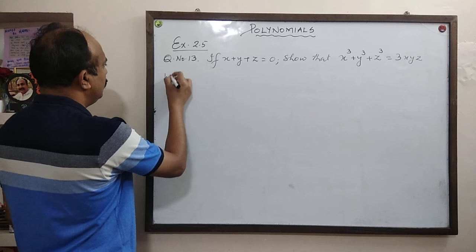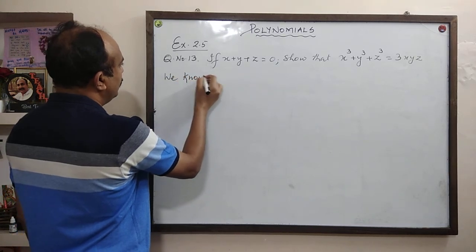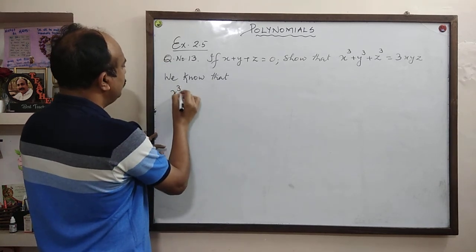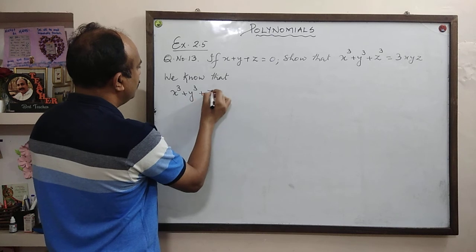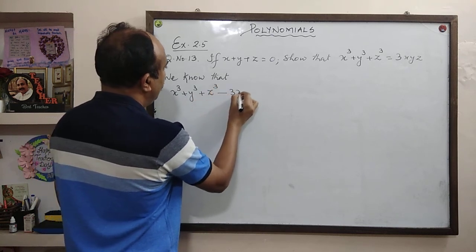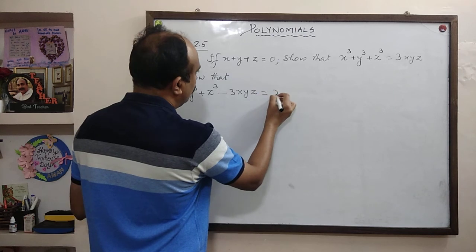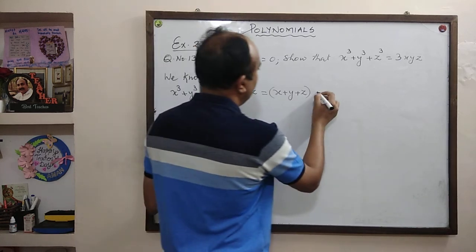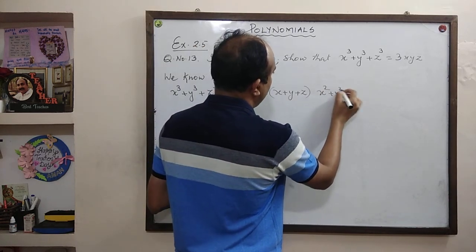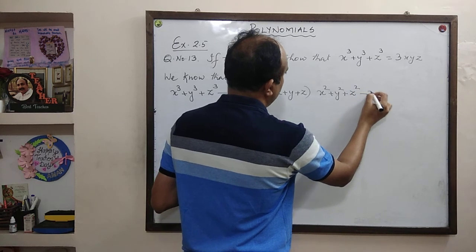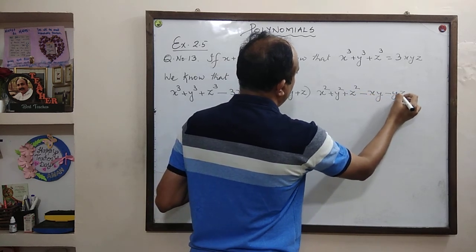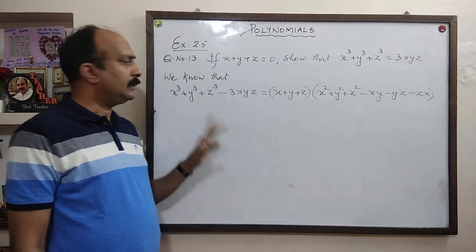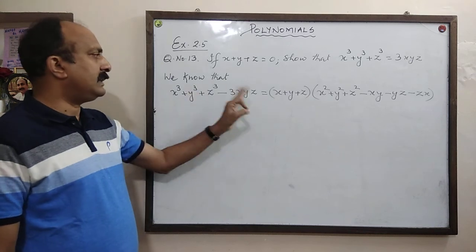So we know that x cube plus y cube plus z cube minus 3xyz is equal to the formula x plus y plus z into x square plus y square plus z square minus xy minus yz minus zx. This is an identity. Okay, so I am starting with this identity.